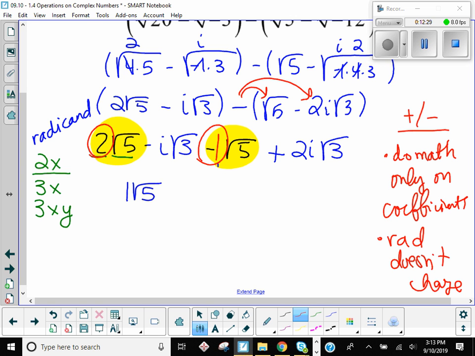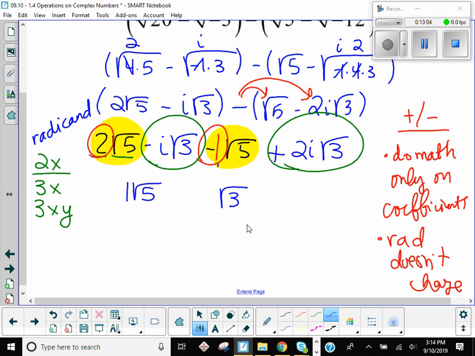So then the other like terms I have are those other 2 terms. A negative I radical 3 and a 2I radical 3. So I said the radical won't change, right? So even if you're not exactly sure how those go together, because it's kind of funky on the coefficients, you at least know it's going to stay a radical 3, because I just told you the radical won't change when you're adding or subtracting. But the other thing I told you over here is you're doing math only on the coefficient.